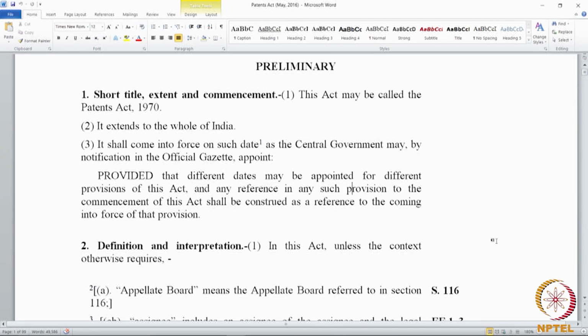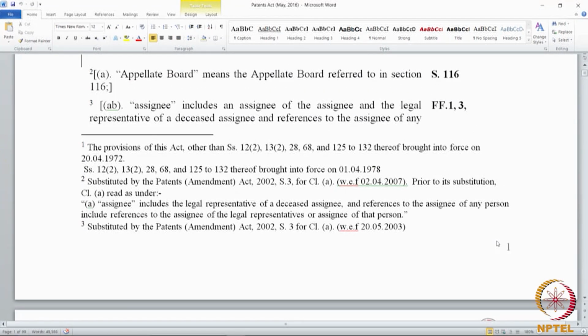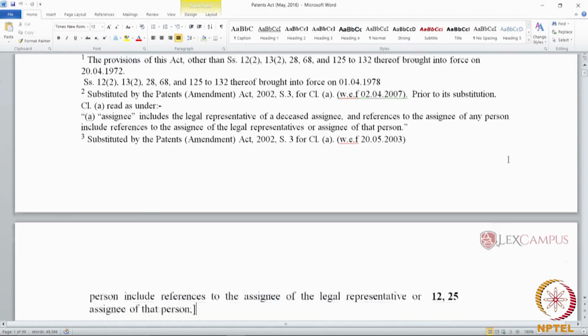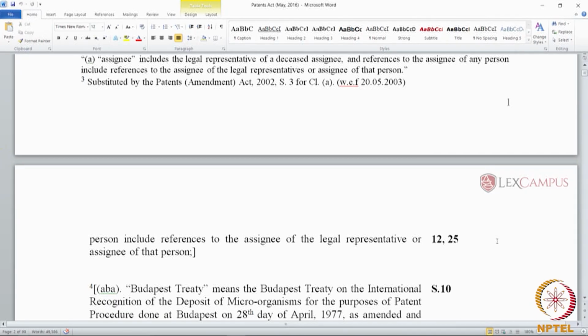Now, the second category is where a definition is given within the definitional clause. You can take the definition of an assignee. Assignee is a term that is commonly used in law, but here assignee is given a specific definition. Assignee includes an assignee of the assignee and the legal representative of a deceased assignee, and references to the assignee of any person include references to the assignee of the legal representative or the assignee of that person.